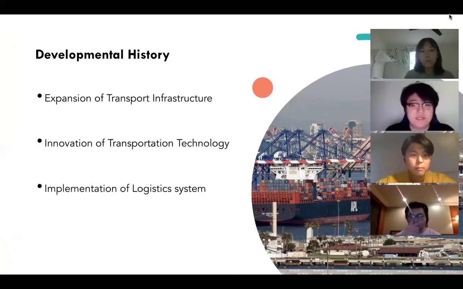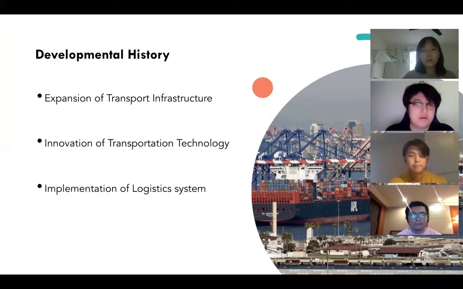And the expansion of transport infrastructure and logistics systems contribute to the emergence of flexible supply chains in a way which links the distribution, global production networks, global outsourcing, and subcontracting together to serve the need of capitalism.